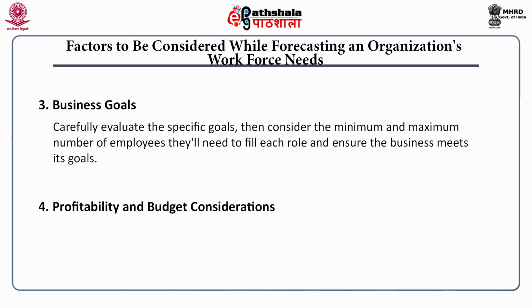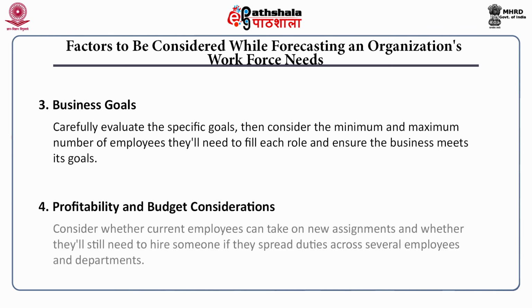The distribution of labor among the current workforce can help an organization to determine the least number of employees it needs if the primary goal is to avoid excessive hiring. Consider whether current employees can take on new assignments and whether they would still need to hire someone if they spread duties across several employees and departments.